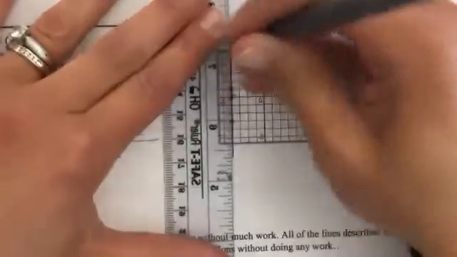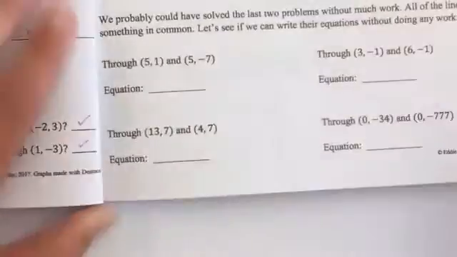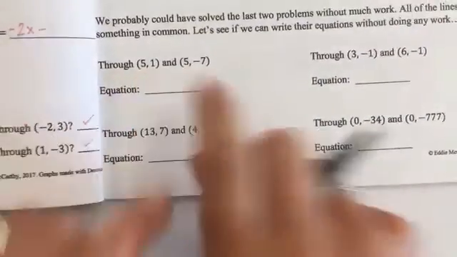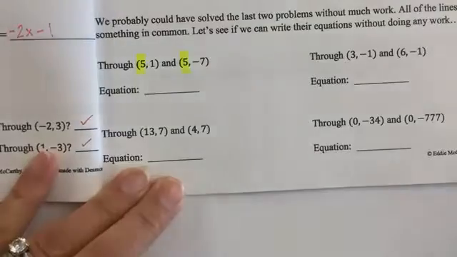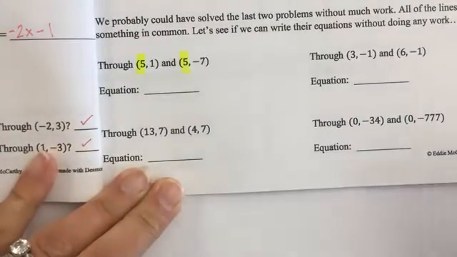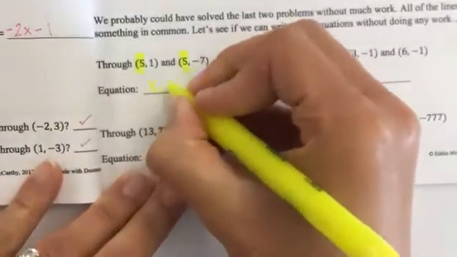Okay. So if you can look at a set of ordered pairs ahead of time, and you can see that they have matching x's or matching y's. So for example, here, if it has matching x's, it's going to cross the x-axis at 5.